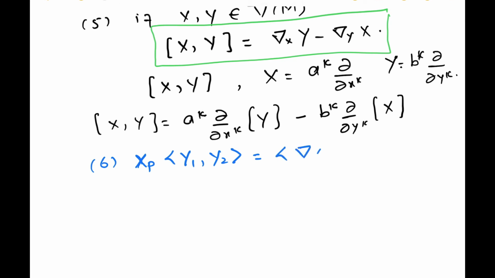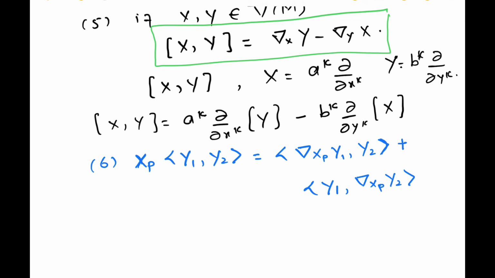So this will become the inner product of the covariant derivative of y1 along xp with y2, plus the inner product of y1 and del xp y2.